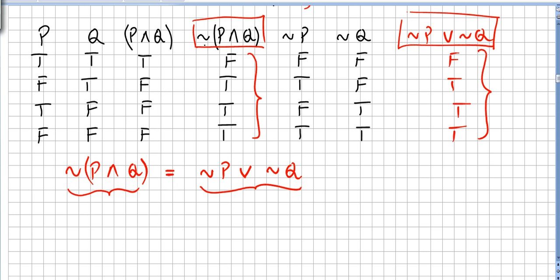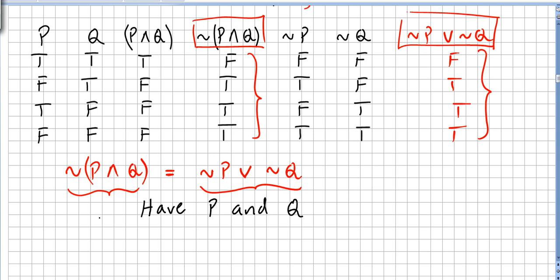So you see the negation here. At the end of the day, here you're saying P and Q. I have P and Q. But you have a negation here.